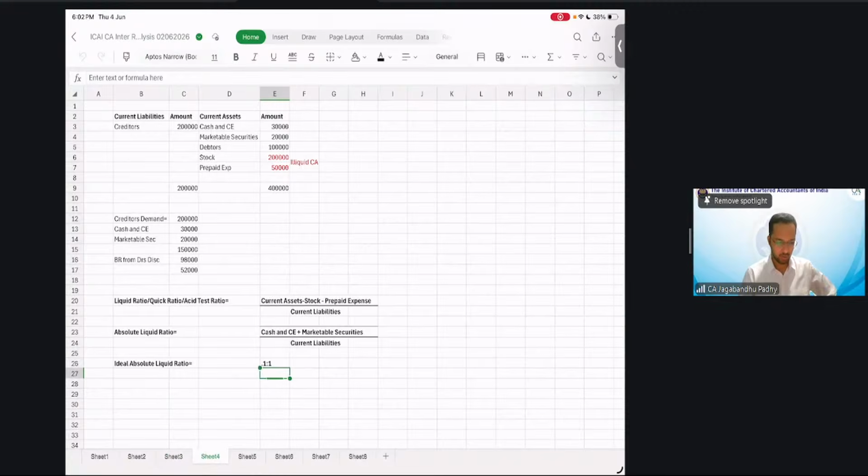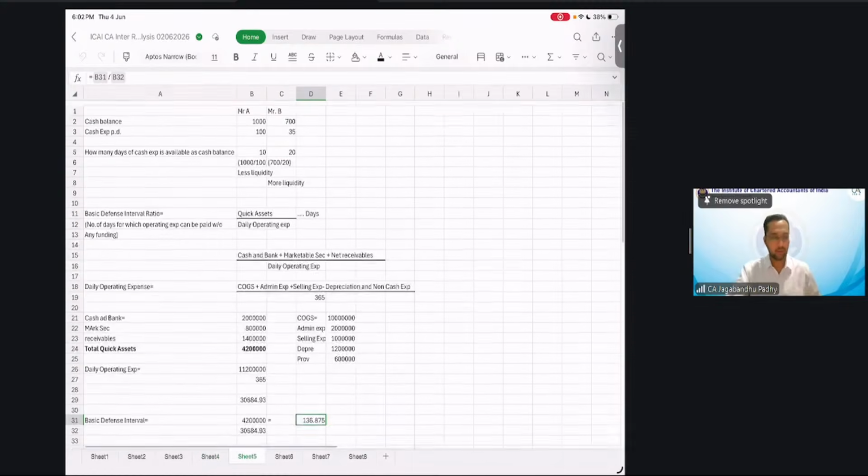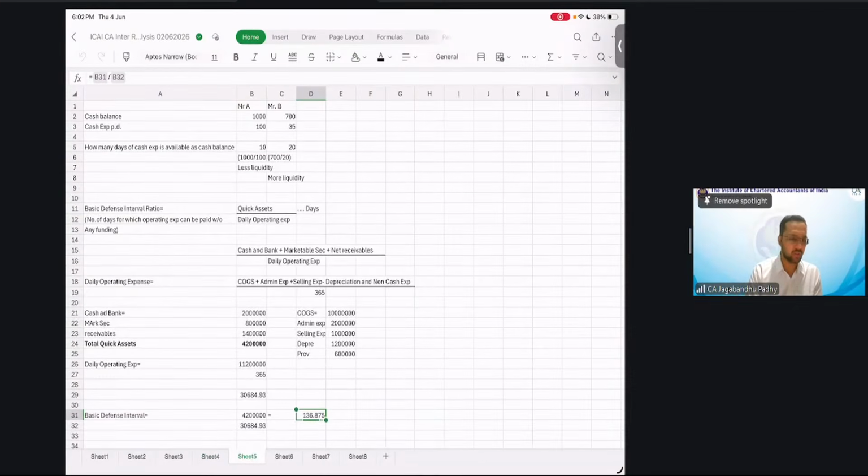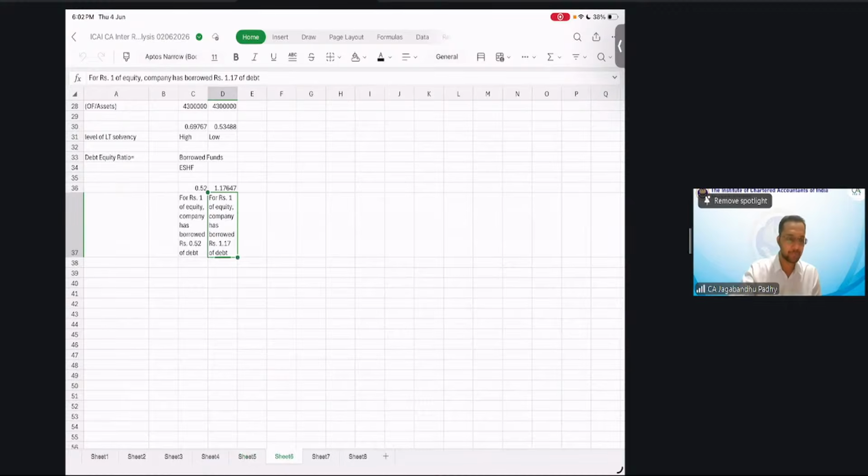Then we have the liquid ratio, which is current assets minus stock minus prepaid expense upon current liabilities. Absolute liquid ratio, which comprises cash and cash equivalents and marketable securities in the numerator, and current liabilities in the denominator. Okay. Then we have also seen the basic defense interval ratio, which tells us for how long we are going to survive without any additional funding.